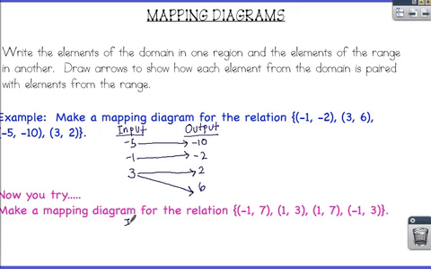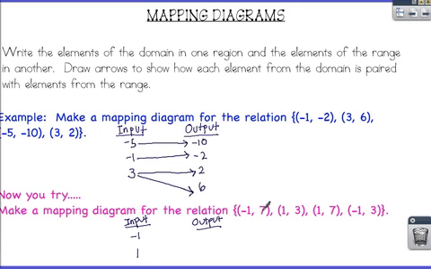In this example, we again write our input and output, or domain and range, whichever you prefer. And we go from least to greatest with our input or x-coordinates. So we have -1, 1, 1, and -1. So basically the only 2 inputs we have are -1 and 1, which I write from least to greatest.